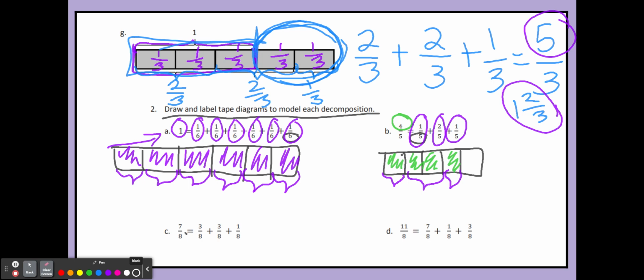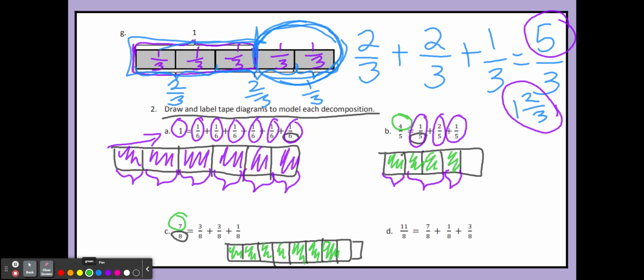On this one, this has a denominator of 8, so there are 8 pieces in this fraction. And it looks like 7 of them are colored in. So there's 1, 2, 3, 4, 5, 6, 7.